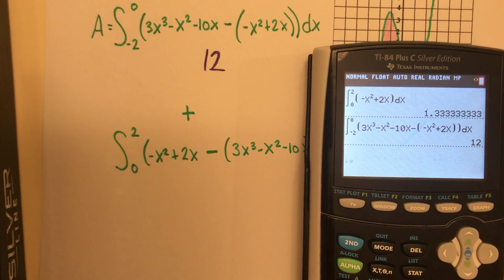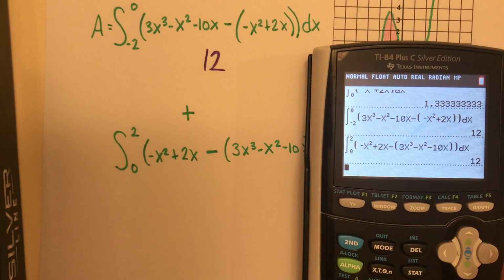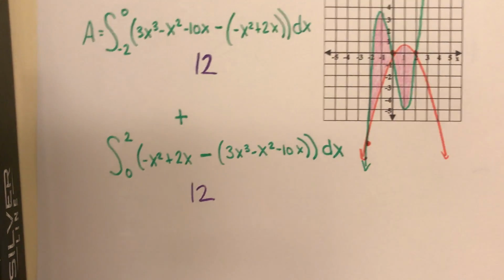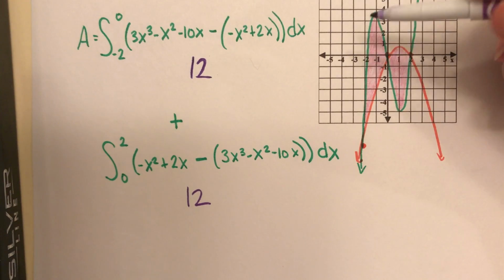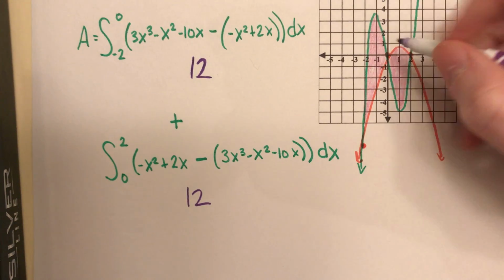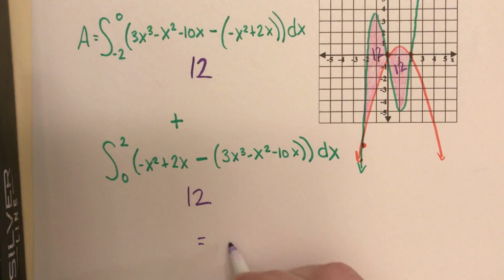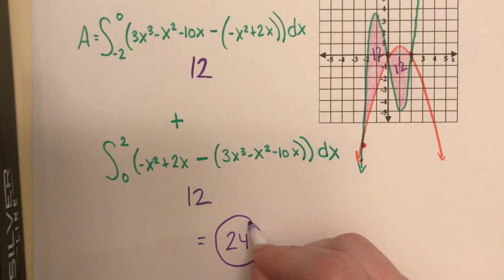Just be careful with your parentheses on ones like these. Oh, I get 12 again. So even though they don't look like they're the same area, they actually are. So this is an area of 12. So when I add them up, that gives me a total area of 24.